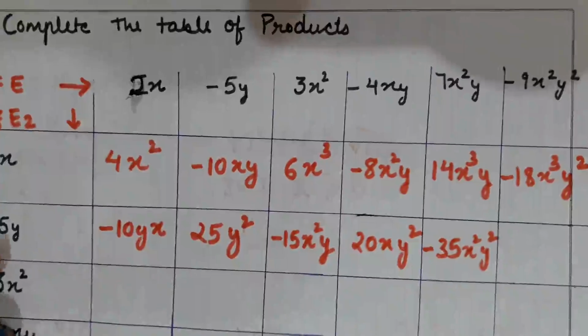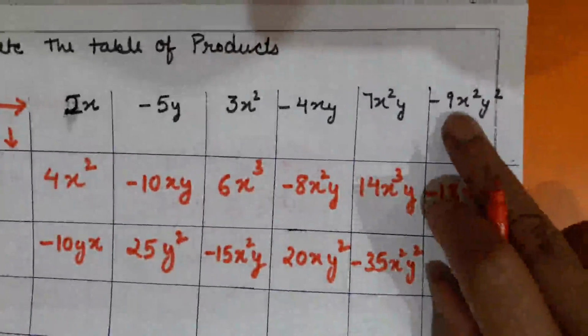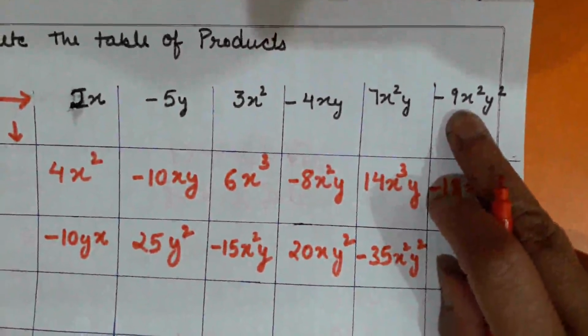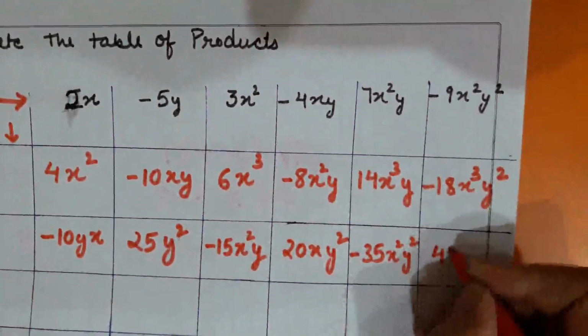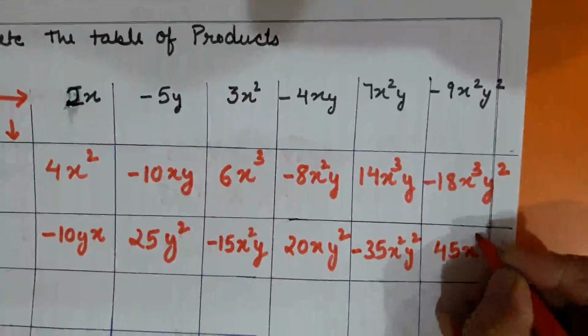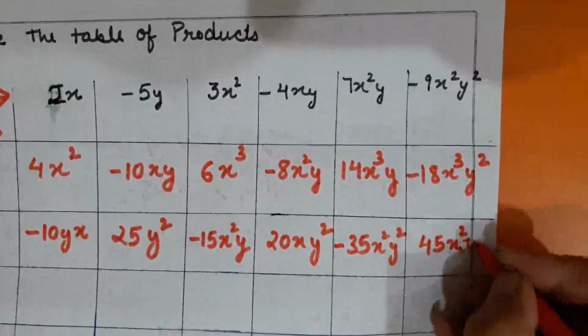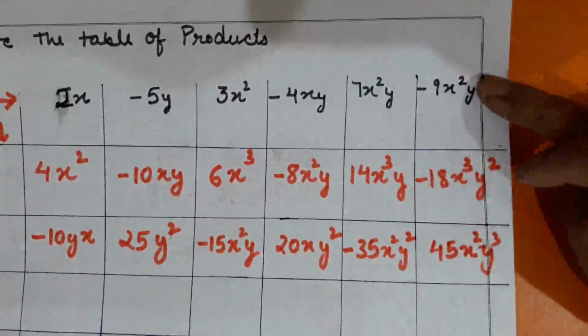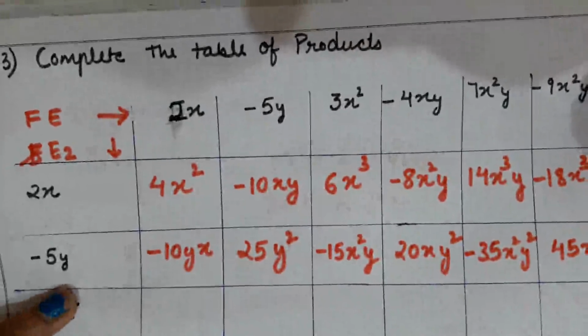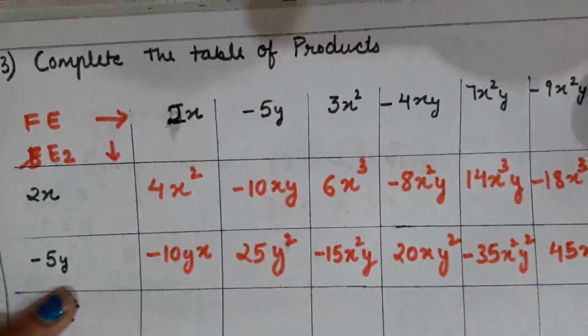Okay, next is here is 5y and here is minus 9. Minus 5 into 9 is 45 with positive, both are having negative. It gives you x square y cube, because above you are having y square and here you are having only y, so both powers add with each other, you will get cube.